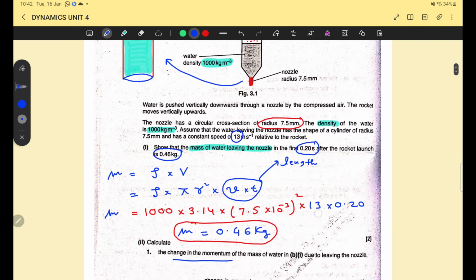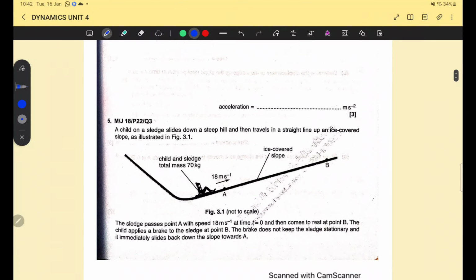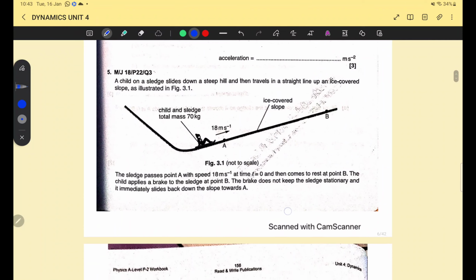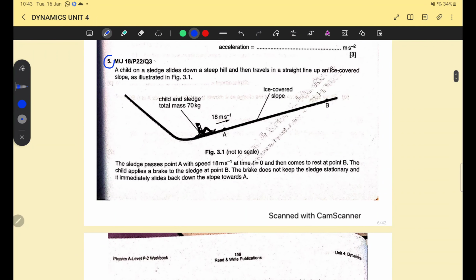And now we are moving to the next question, that is question number 5. In this question number 5, it is just like a kinematics question. A child is sitting on a sledge and her total mass is 70 kg.